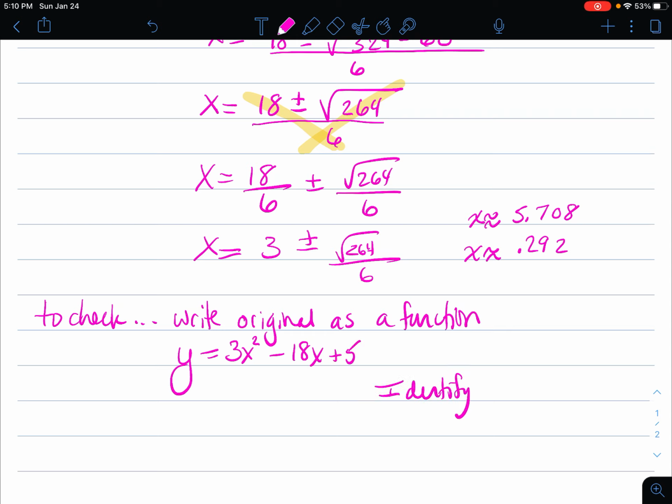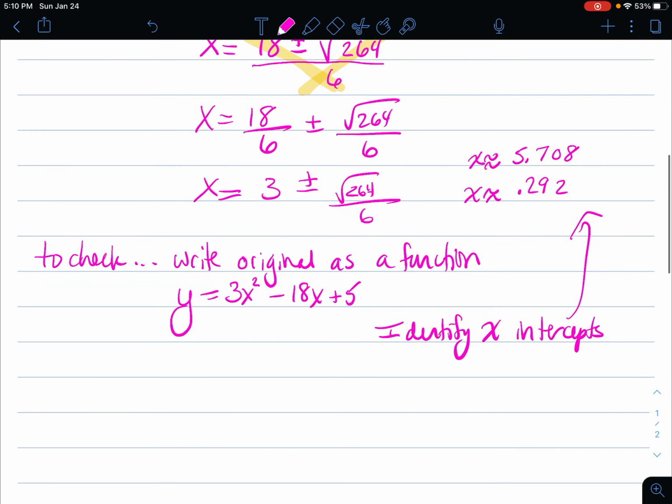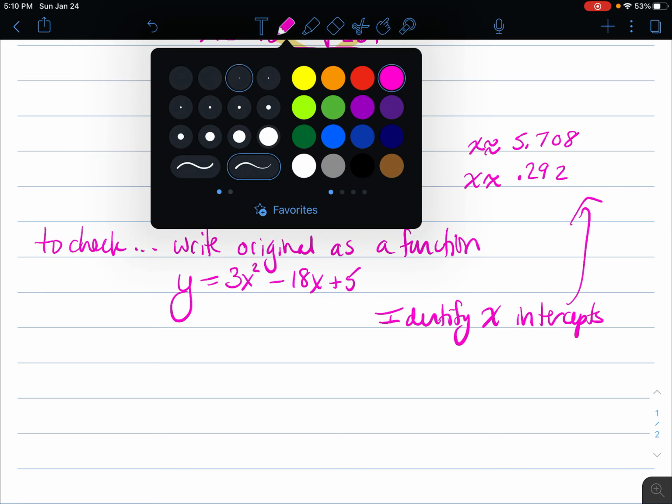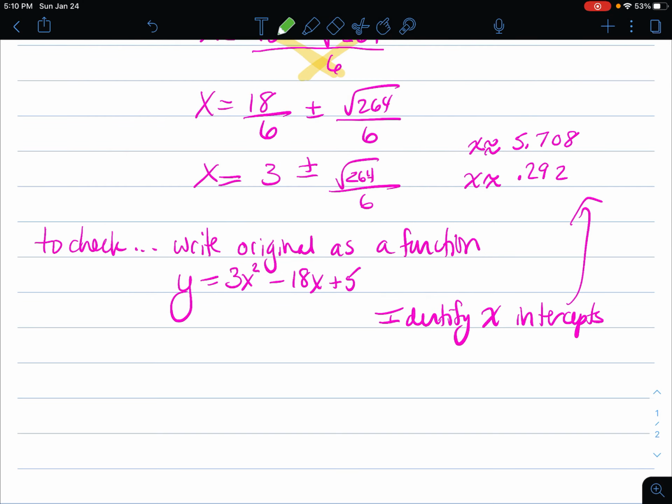And then you're going to identify the x-intercepts. And you should see these two values on the x-axis. So there's lots of ways to be able to verify that what you're doing is giving you the correct answer.